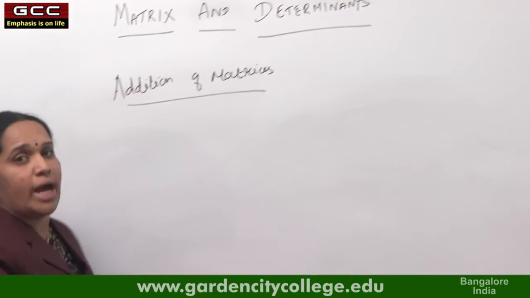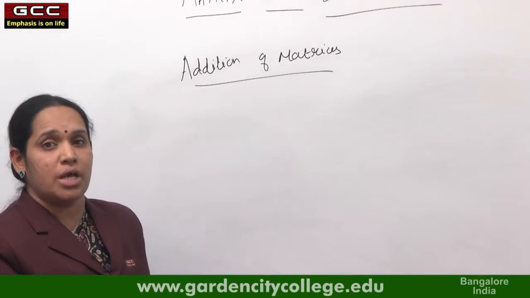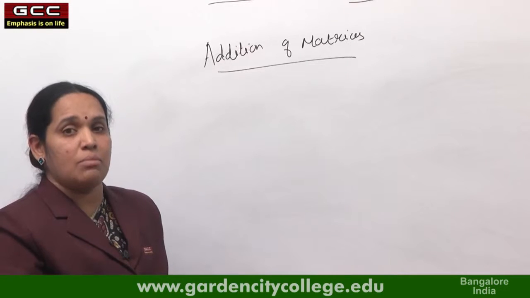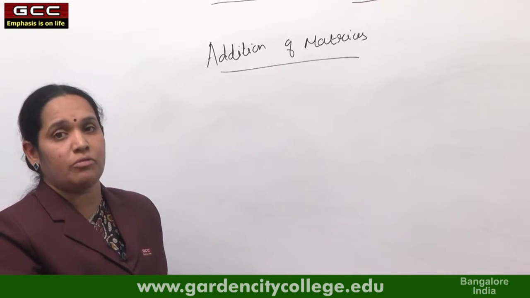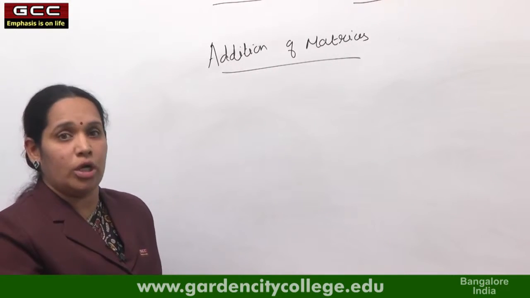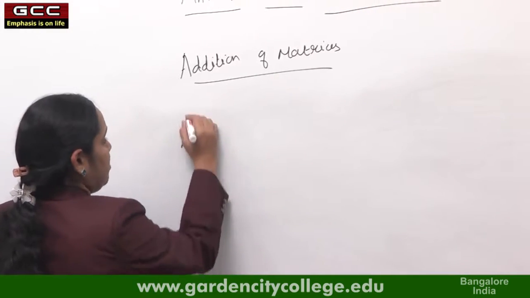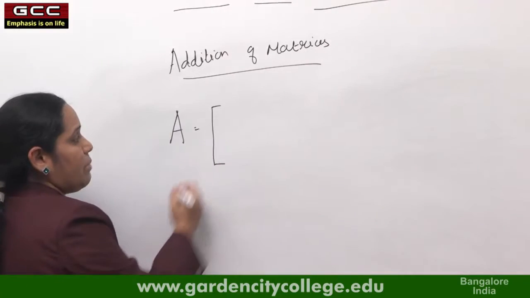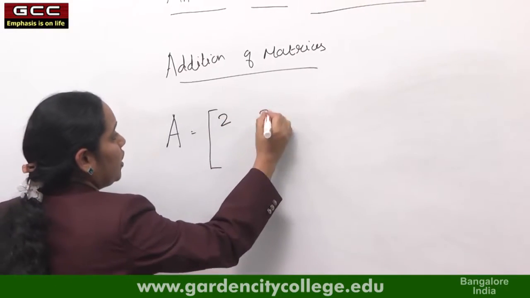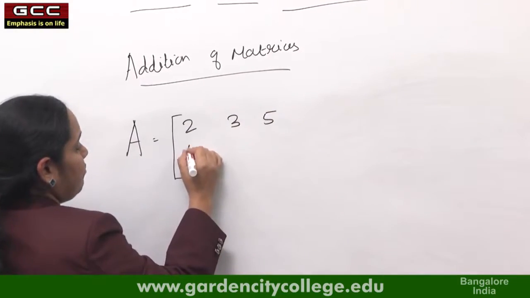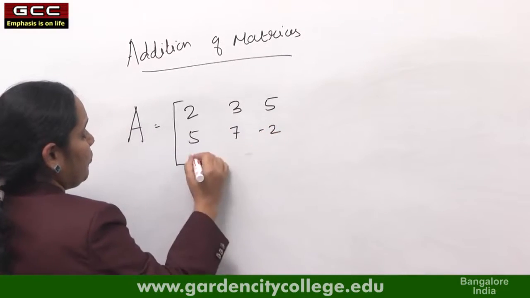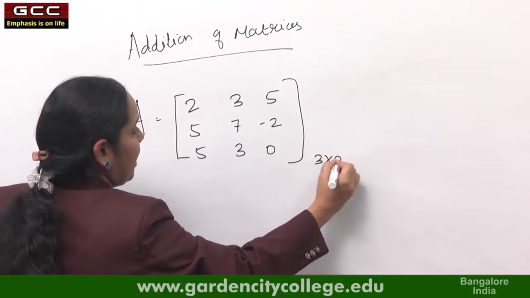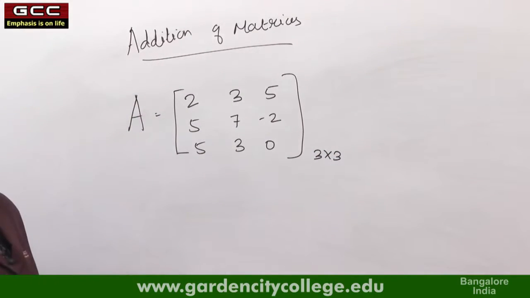When you want to add two matrices, the first condition is that the two matrices should be of the same order. Same order means they should have the same number of rows and the same number of columns. I'll demonstrate how to find the addition of two matrices. Let us consider a matrix A of order 3 by 3: [2 3 5; 5 7 -2; 5 3 0]. It has 3 rows and 3 columns.